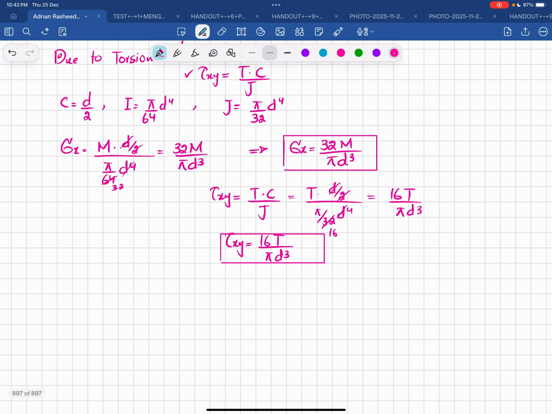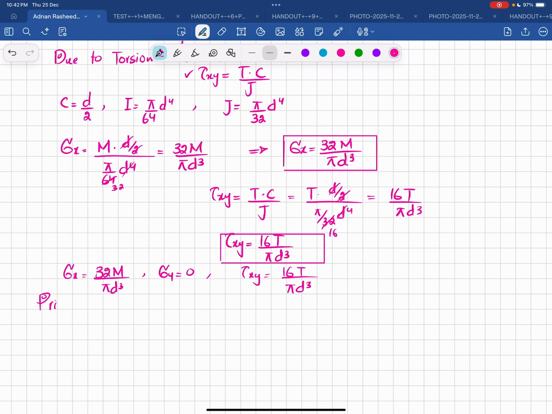Now you can see you have sigma x, which is 32M over pi d cube. Sigma y is not there, which is 0, and tau of xy is 16T over pi d cube. So we are going to find principal stresses, because we are going to apply the maximum shear stress theory.